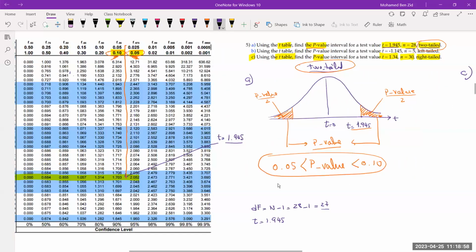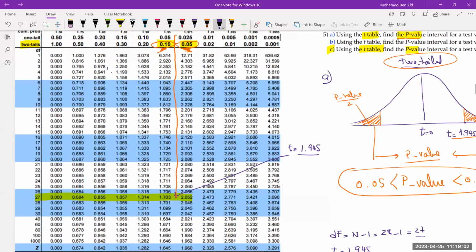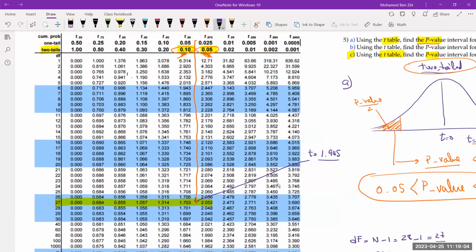So I'm going to do almost the same thing. Let me clear the table again. All right, so I'm going to locate the degrees of freedom 29. This is my band.